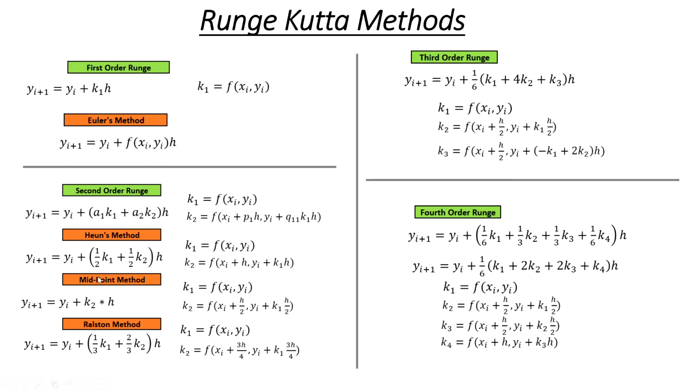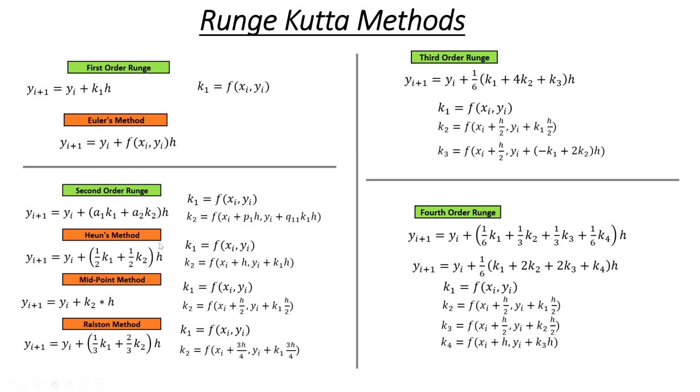With the midpoint method, a1 is 0 and a2 is 1, which reduces down to k2 here, and with Ralston, a1 is 1/3 and a2 is 2/3. So this is the general description of a second order Runge-Kutta, and how you define a1 and a2 will depend on what method you are using.